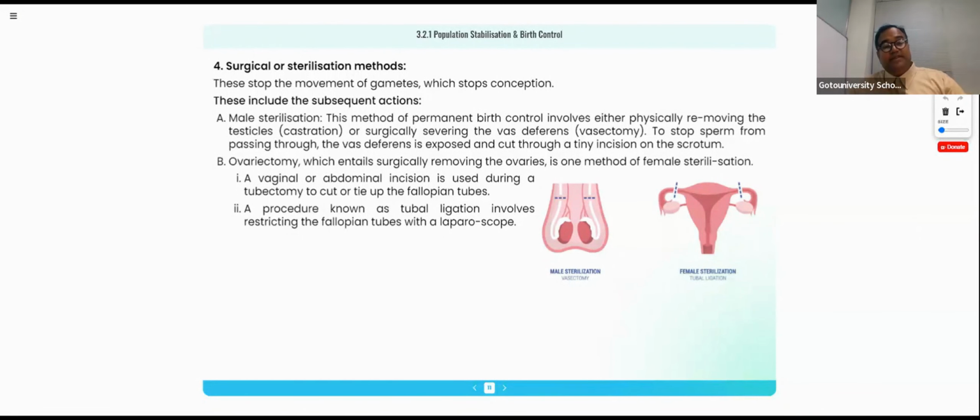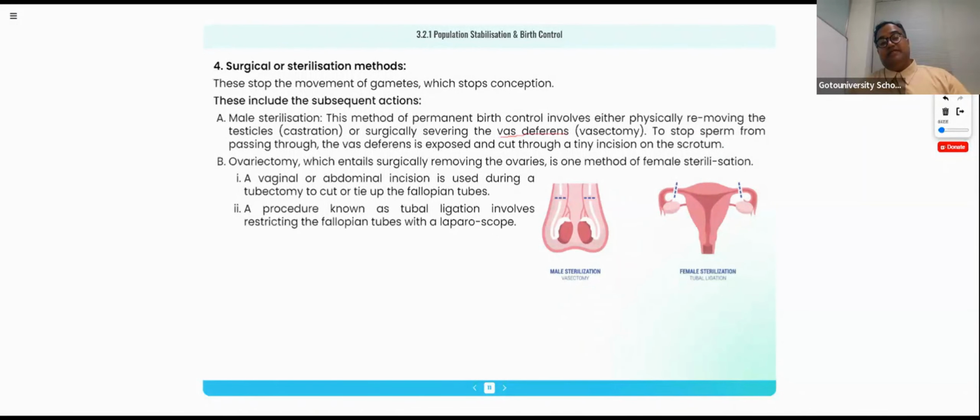We know very well the male sterilization process, vasectomy, the word I am saying, for the cutting of the vas deferens. In the last class, we discussed the vas deferens. It's a duct coming from the testes carrying the sperm cells that we already discussed.